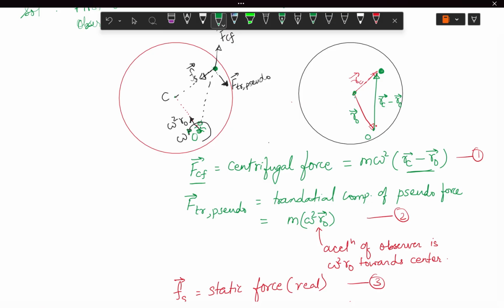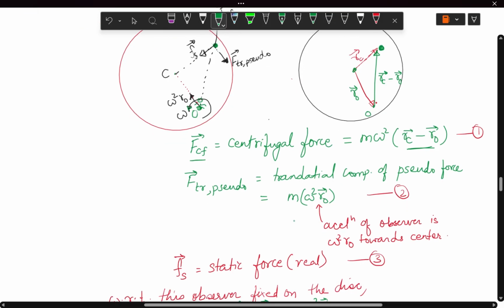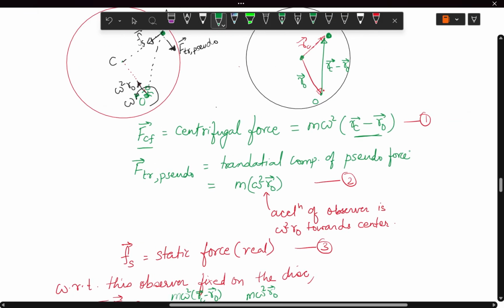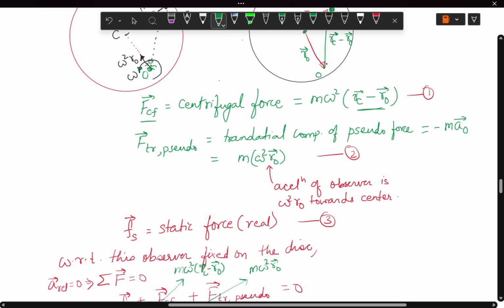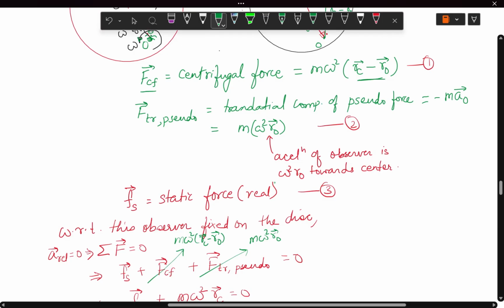If you take this minus, you get it in this direction. So this is minus m times the acceleration of this frame, m a naught, where minus a naught is omega square r naught vector.